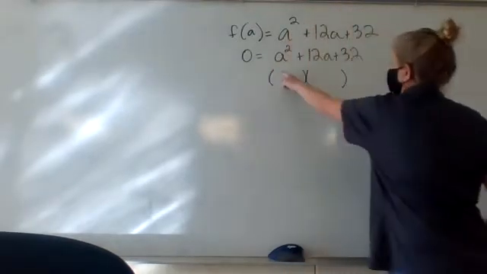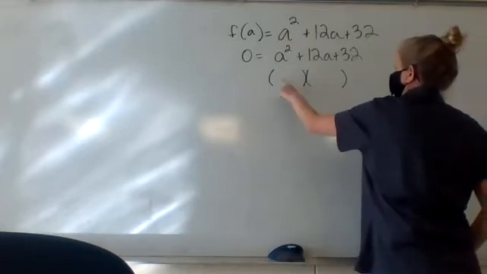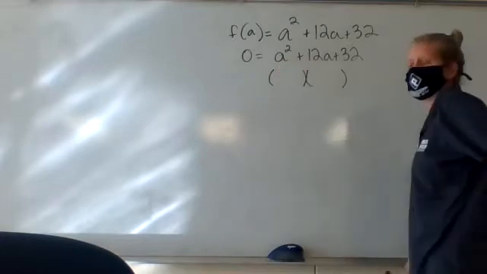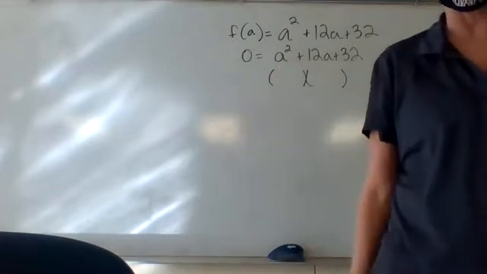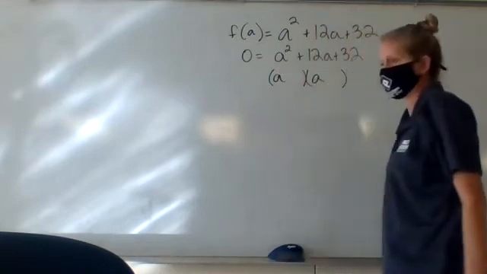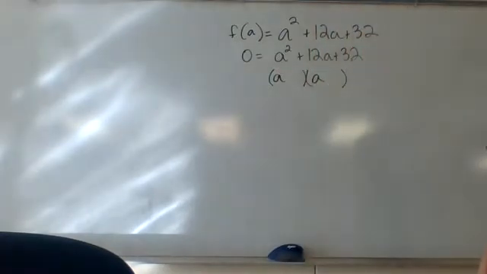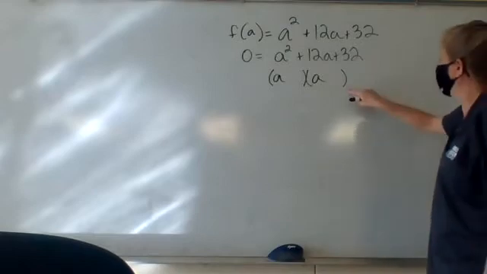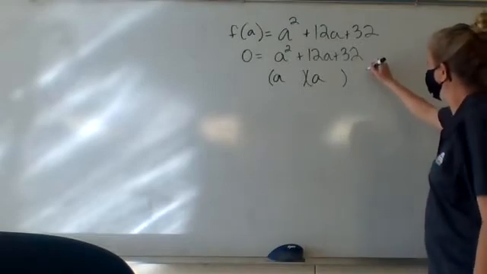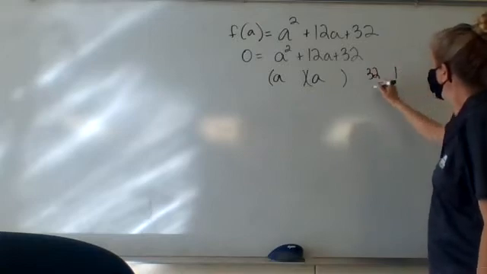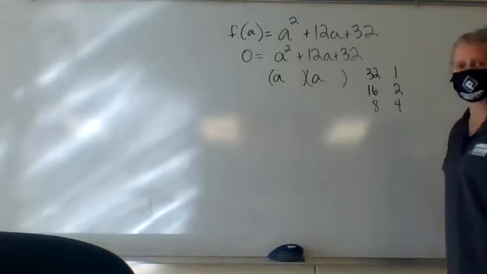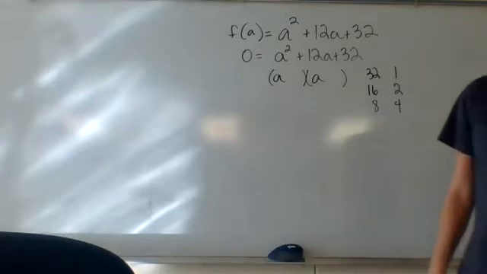If it factors, I'm going to need an a and an a here because I have to multiply these two terms together and make it equal a squared. So the only way that that's going to happen is if you have a times a. The second step is I've got to find the numbers that multiply to give me 32. So my options will be 32 times 1, 16 times 2, or 8 times 4.